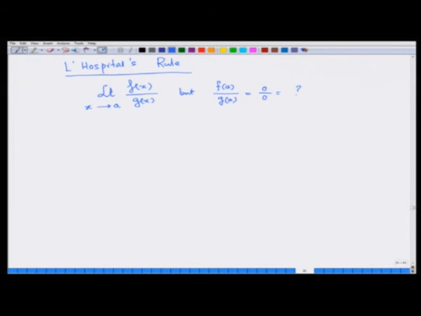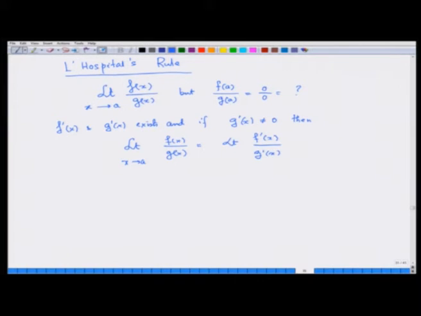So, there is this interesting rule, it says that if f dash x and g dash x exist, that is, the functions are differentiable, of course we have to assume it is differentiable at every x, and if g dash x is not equal to 0, then limit of x tends to a f x by g x is equal to limit of f dash x by g dash x.